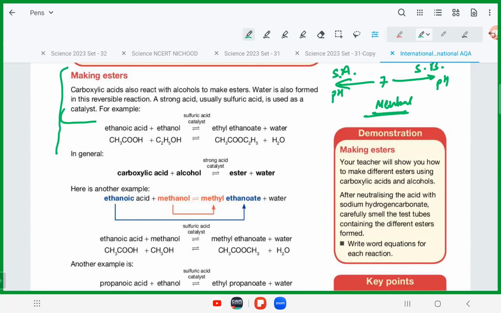A strong acid, usually sulfuric acid, is used as a catalyst. For example, ethanoic acid plus ethanol gives ethyl ethanoate plus water. In general, carboxylic acid plus alcohol gives ester plus water.